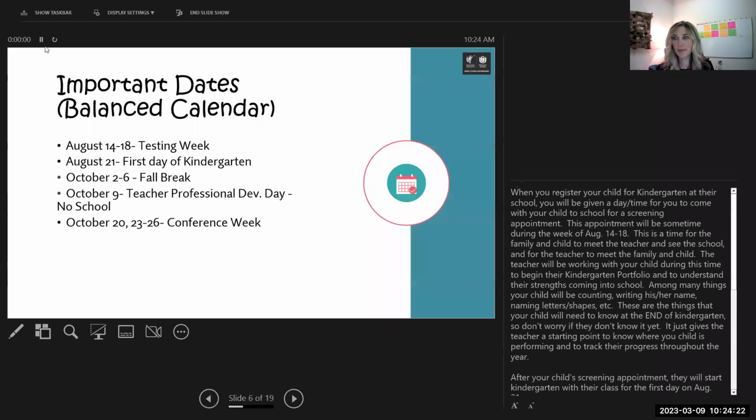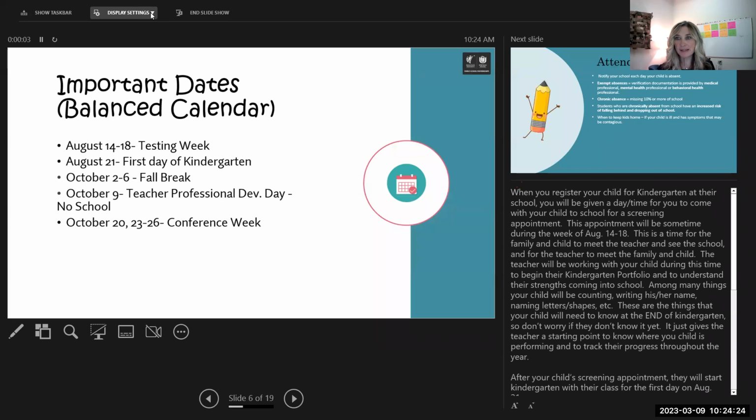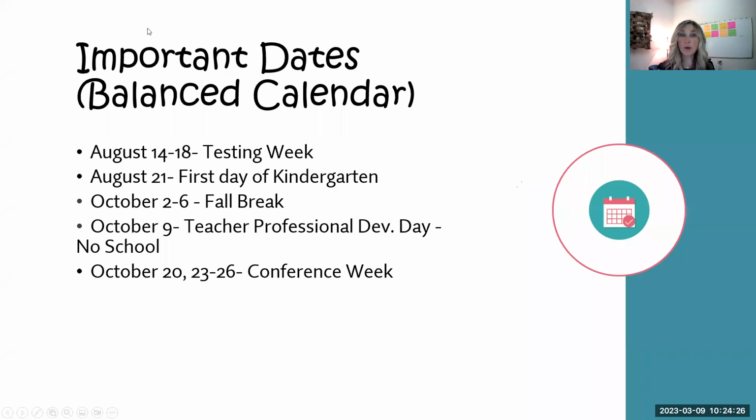So here are some other important dates. We have that first week of screening or testing where you get to meet the family, or the teacher gets to meet you. August 21st is when your child will go to kindergarten for the very first time, and they will stay without you all day long. Each school is on a different schedule.